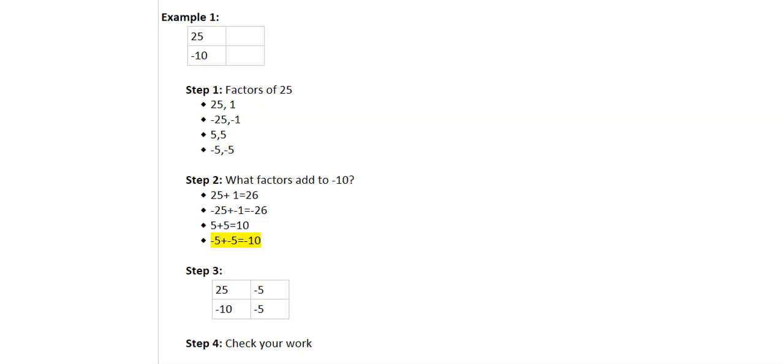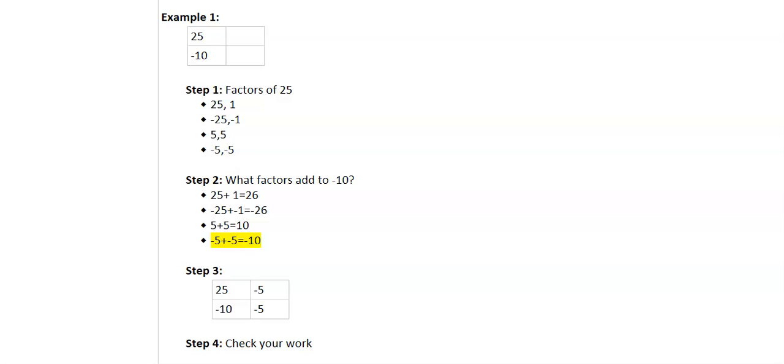Well, 25 plus 1 is 26. -25 plus a -1 is a -26. So we know those two aren't working. 5 plus 5 is a +10. Also not what we want. We're looking for -10. But -5 plus -5 equals -10, which means the factors we want to use to fill up our empty boxes are both -5.